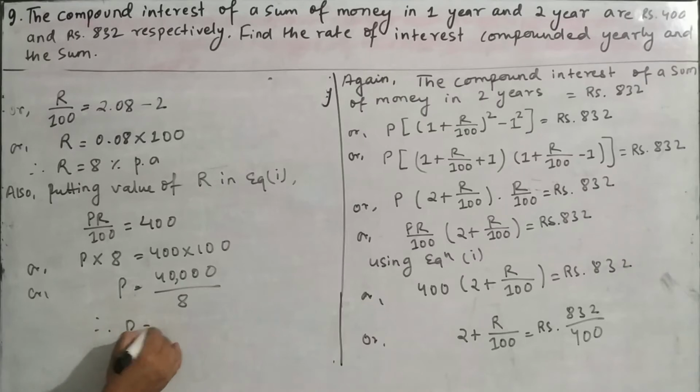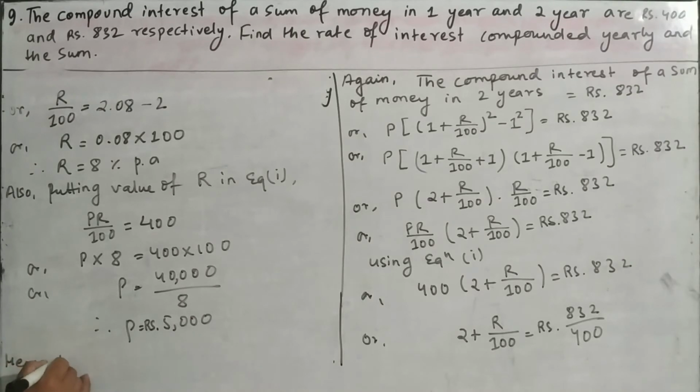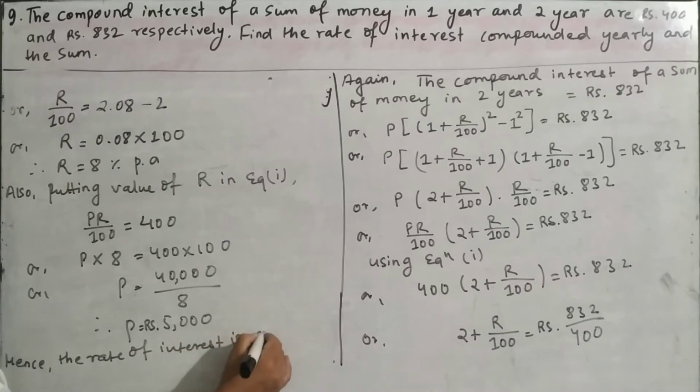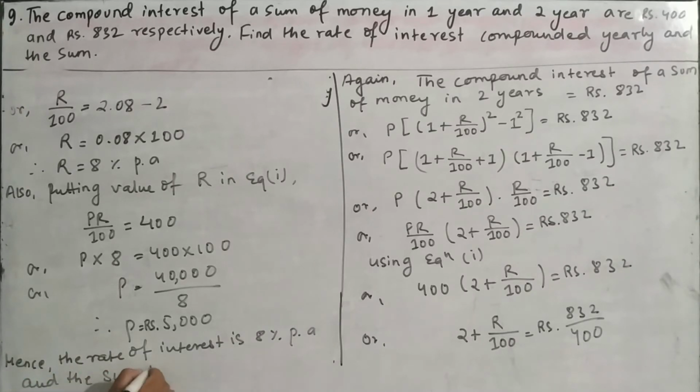Therefore, P equals 5,000 rupees. Hence, the rate of interest is 8% per annum, and the sum is rupees 5,000.